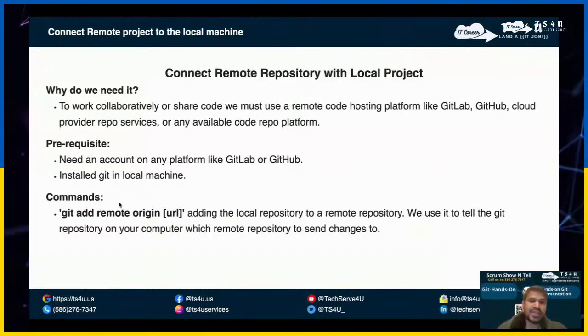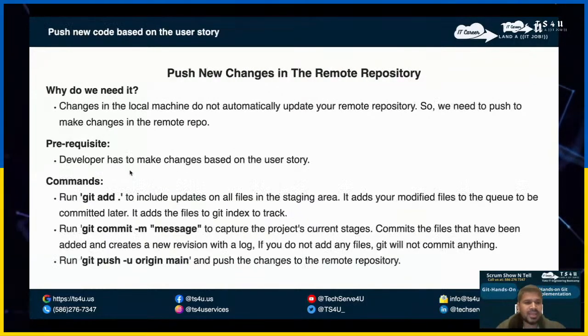Of course, you need a Git account, and you need to install Git on your local machine. Okay. So why do we need it? Of course, changes on the local machine do not automatically update your remote repository. So we need to push to make the changes in the remote repo. A developer has to make changes based on the user story.